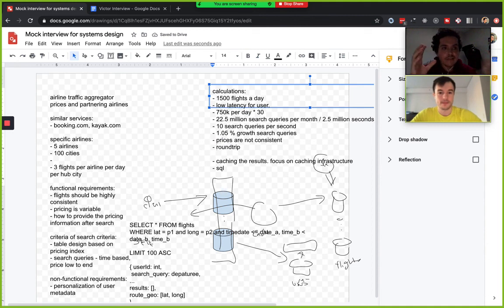So once you're gathering that information, you essentially have two different parts of information. You have the departure and arrival dates, times, prices.